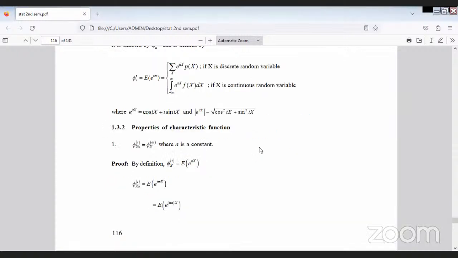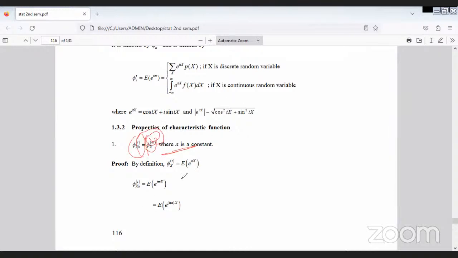The properties of characteristic function. Phi_(aX)(t) equals phi_X(at), where a is a constant. By the definition, phi_(aX)(t) is E(e^(itaX)). We can write it or not? Yes, sir.